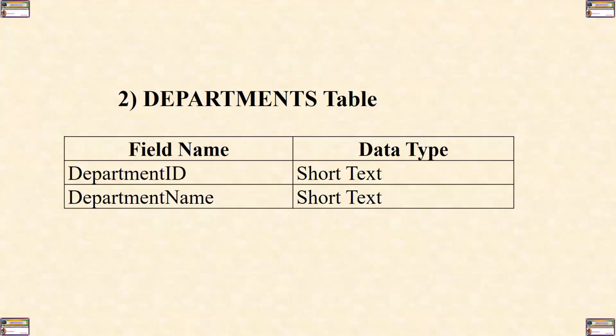Then next, we are going to create the departments table. The department table will be composed of two fields. The first field will be department ID field. It will be of data type short text. The second will be department name, and data type will be short text.